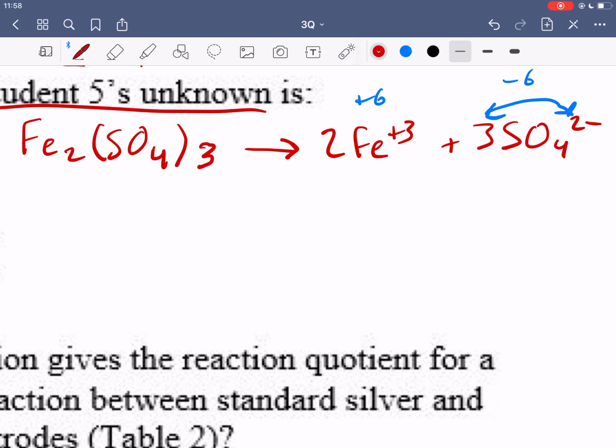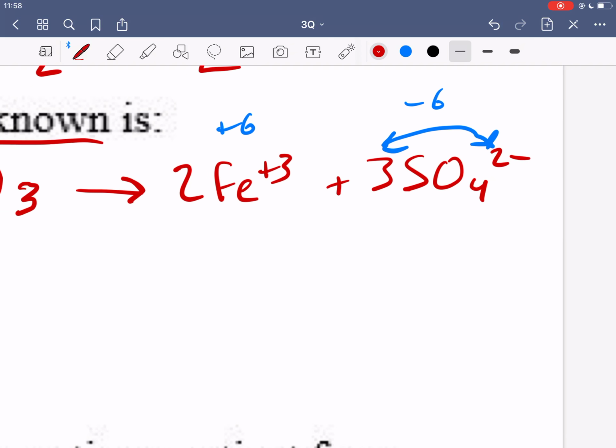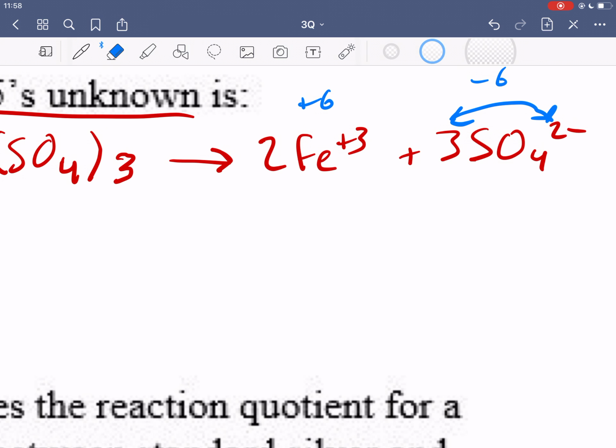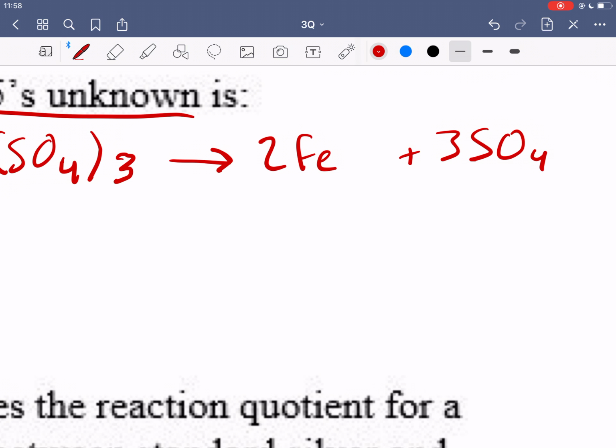But just to go into it a bit further, for some people that are a bit more confused on this, if you were not sure of whether it was a +2 or not, if this one was 2+ instead of 3+, then that means that I have a +4 over here, so I must have a -4 over here, and then somehow I have to turn the 3 into a 4, like whatever that is.